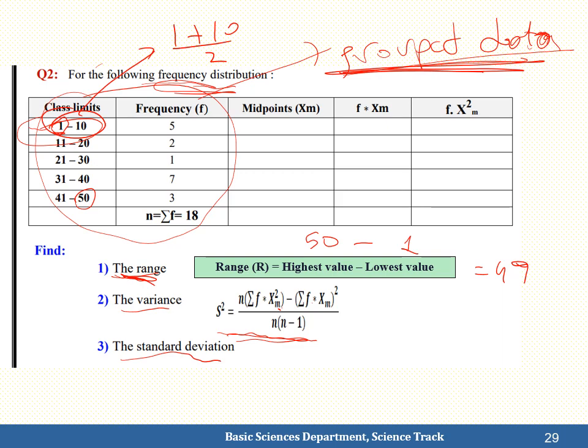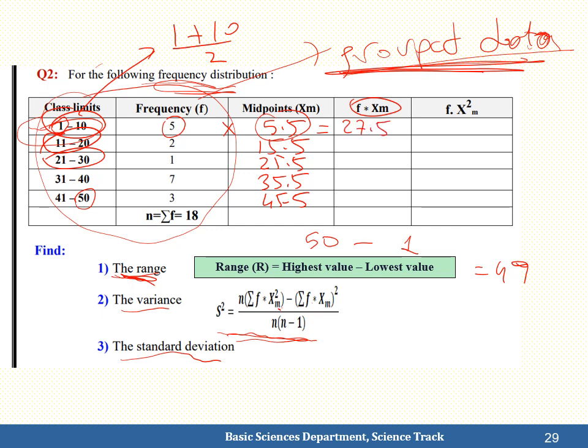It will be 5.5 here, 15.5 here, you can check them, 25.5 and 35.5 and 45.5. Then we have to do the product of the frequency and the midpoint. So this has to be 5 times 5.5, which is 27.5.